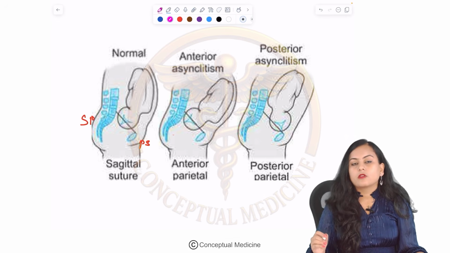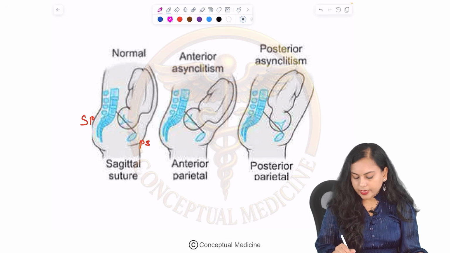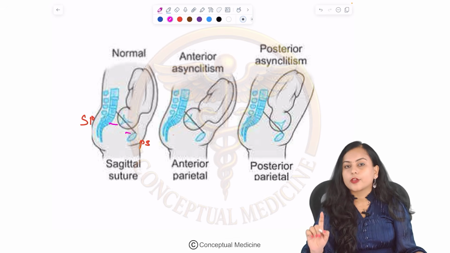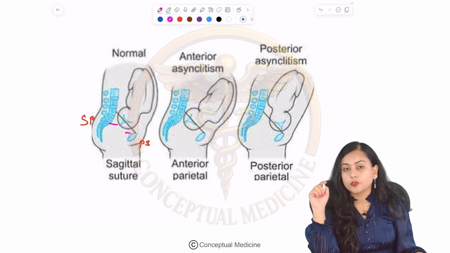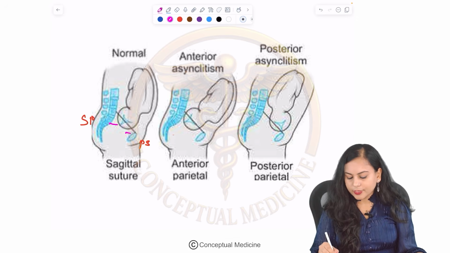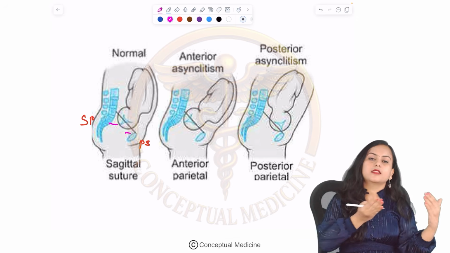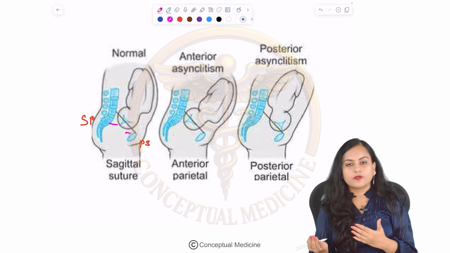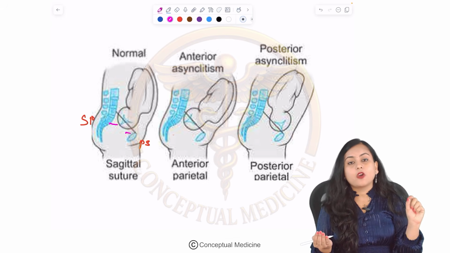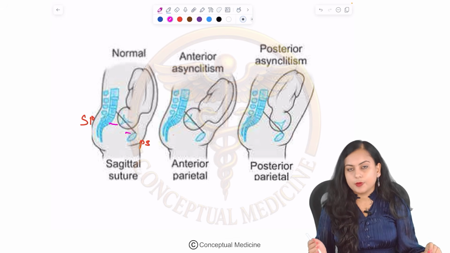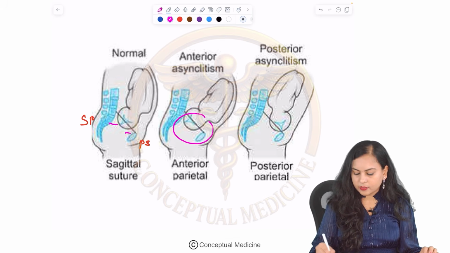Clear? Another point is that normally both your parietal prominences are going to present when the sagittal suture is in the center. Suppose the head is moving towards one side, say either the sacral promontory or the pubic symphysis, what is going to happen? Any one of the parietal eminences will be presenting. Okay, so like this. Clear?